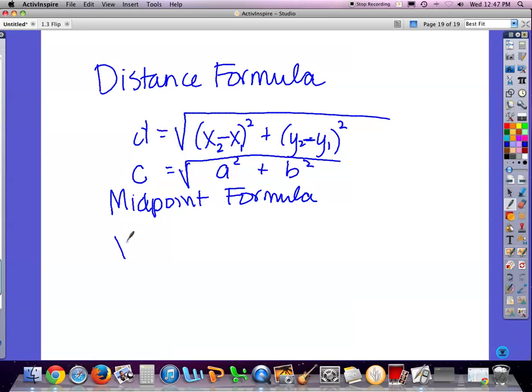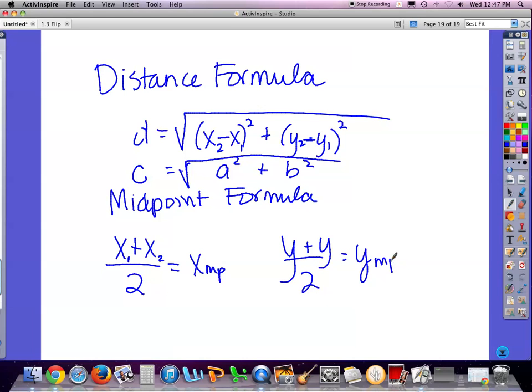Okay, midpoint formula: x plus x over 2. Once again, if you want to put in the little 1s and 2s, fine. That equals the x value of your midpoint. y plus y divided by 2 equals the y value of your midpoint. You got 1, you got 2. All right, just be careful with those.